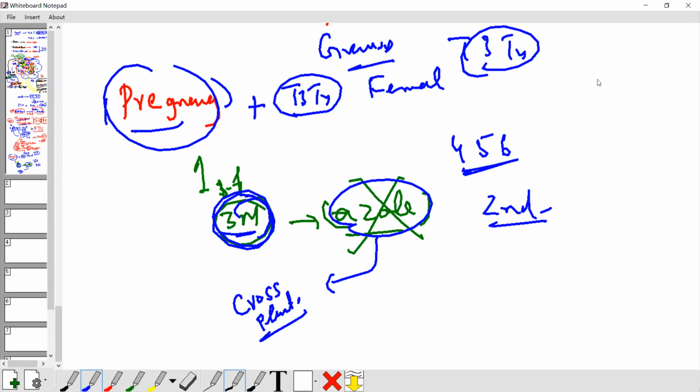If they say the pregnancy is already 4 or 5 months, can you use methimazole, carbimazole? Yes. This point is important. Within the first trimester you can't use methimazole or carbimazole for hyperthyroidism, so what do you use? PTU.